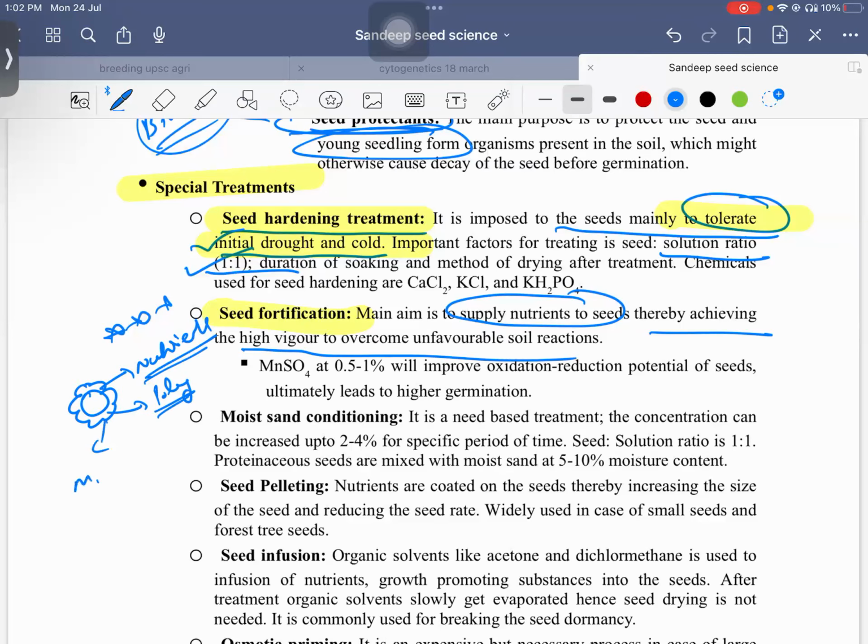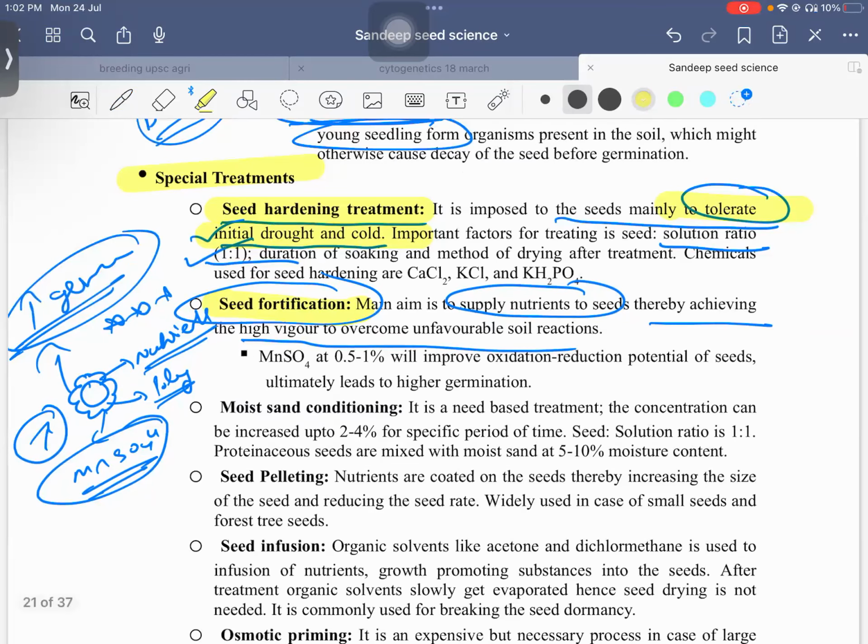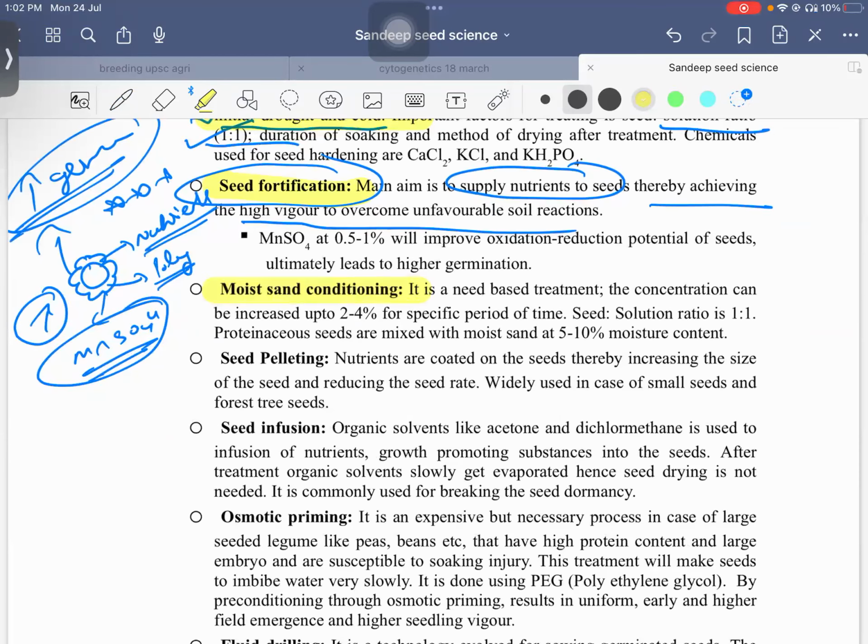For example, we use here magnesium sulfate, which is like an oxidation and reduction potential of the cell. It will increase the oxidation potential of the cell, and this will lead to increased germination, better disease resistance, all these things. Fortification means increasing nutrient content. Remember that.